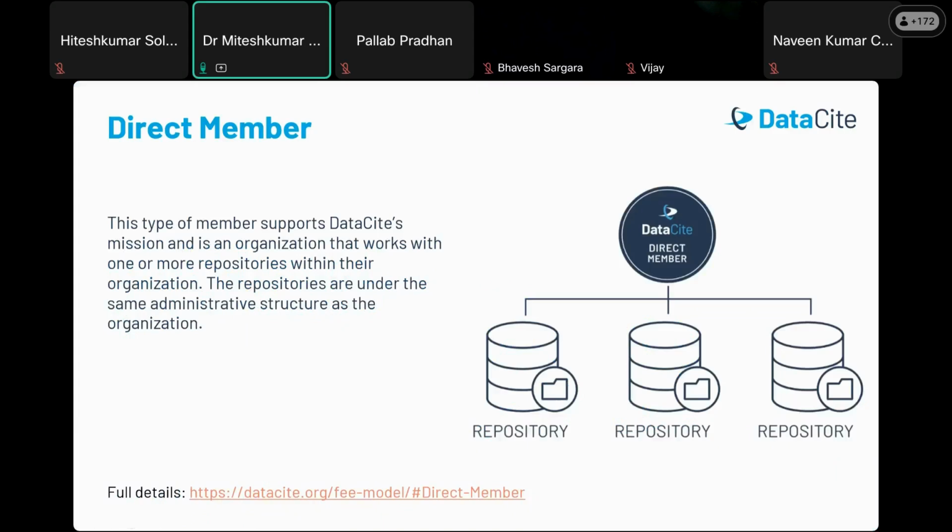So for example, in Shodhganga we have the thesis repository. Then another institutional repository is there at INFLIBNET, which is known as IR@INFLIBNET. So what we can do is bring multiple repositories. It may be a data repository, an institutional repository, or, for example, any other software repository that can be assigned the DOI under this direct membership.